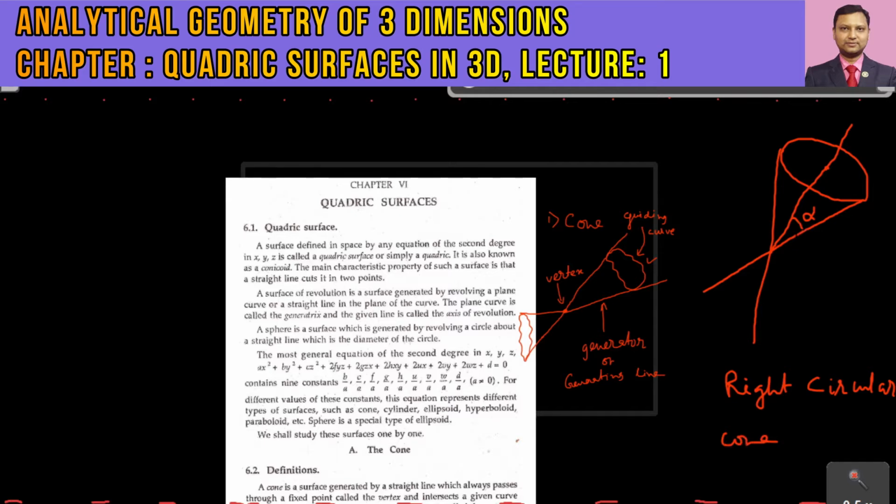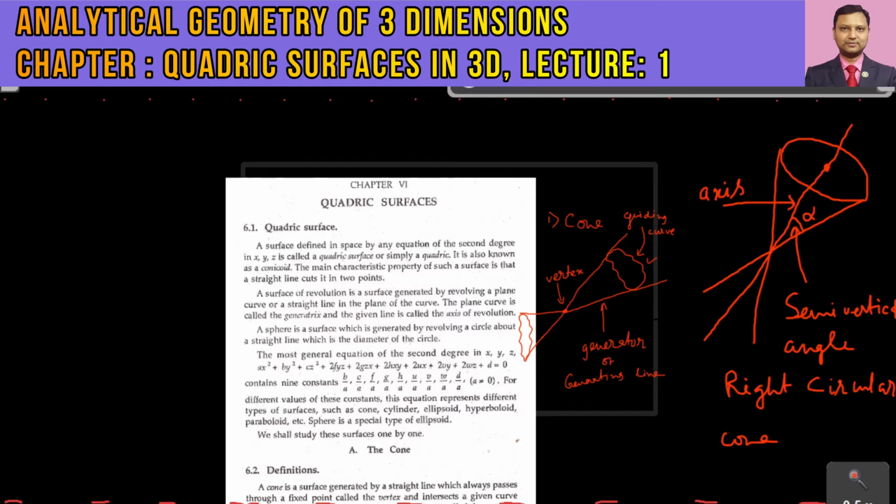And this angle alpha is called the semi-vertical angle. And this straight line passing through the center of this circular section is known as the axis of the right circular cone.